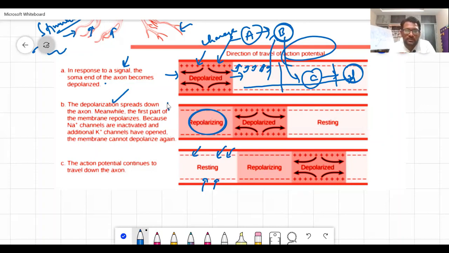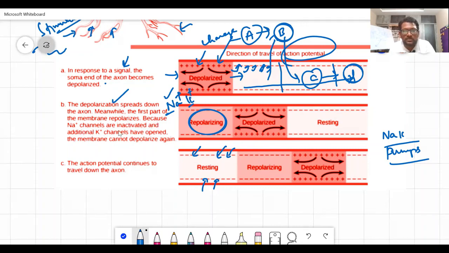So here you have to remember potassium and sodium. Sodium ions and potassium ions play a major role, especially the sodium potassium pumps, which take care of the ions going inside to outside, inside to out.